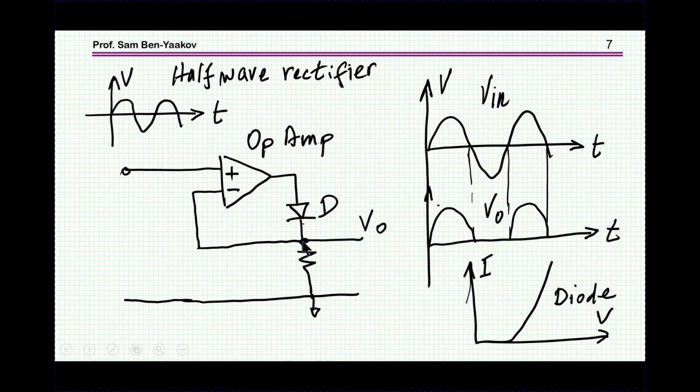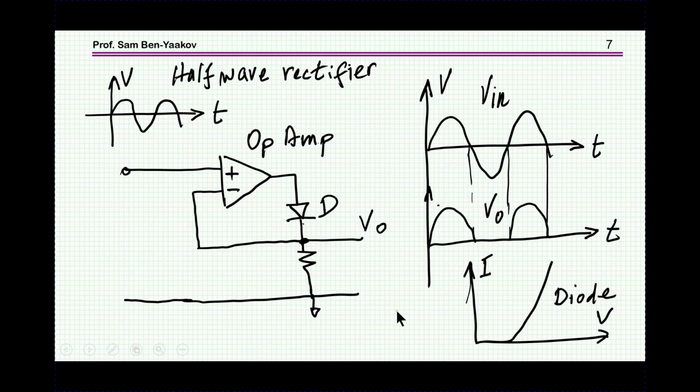Now during the negative voltage, this amplifier will not conduct, because the voltage that it will develop is negative, and therefore the diode will be blocked, and as a result you will see a half-wave rectification, having an output during the time that the input is positive, and then zero here. This is pretty much following the input.